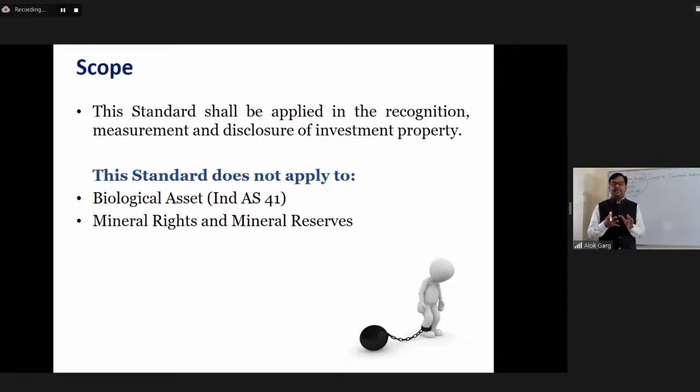If there is any asset which is used in agriculture, for example, a tractor, then that tractor will be property, plant and equipment under IndAS 16. If a land is used in agricultural activity, again that land will qualify as IndAS 16 property, plant and equipment. So this standard is not applicable to biological asset, and this standard is not applicable to mineral rights and mineral reserves, which is covered under different standards like IndAS 106.